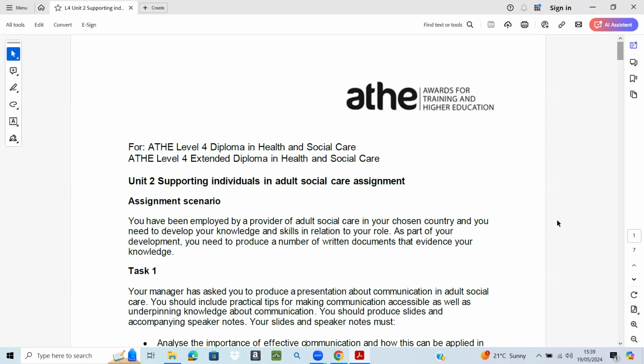We also discussed facilitating understanding: effective communication ensures information is conveyed accurately and comprehensively, promoting mutual understanding between the service user and care providers. One of the important aspects was building trust and rapport, empowerment and involvement.